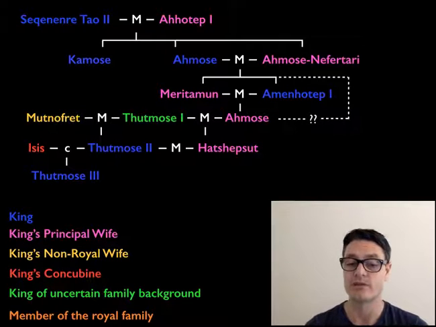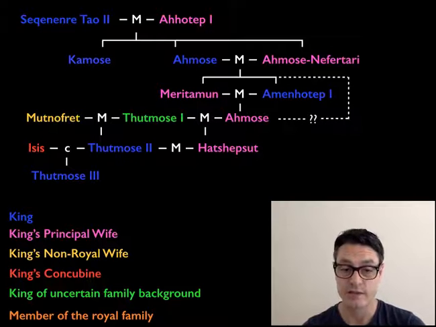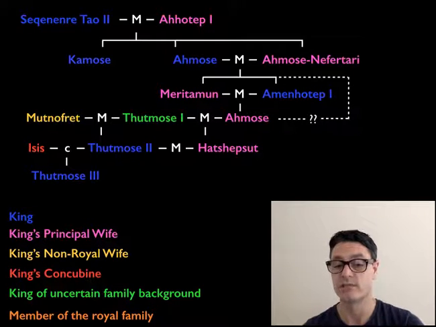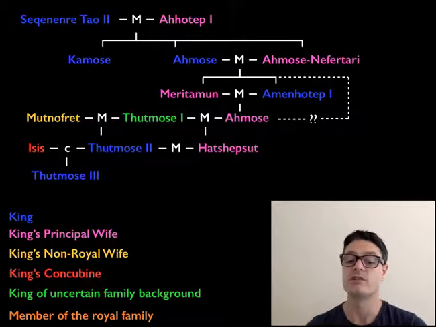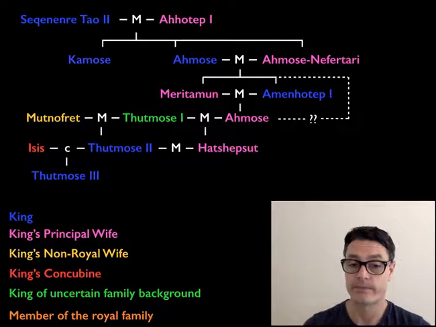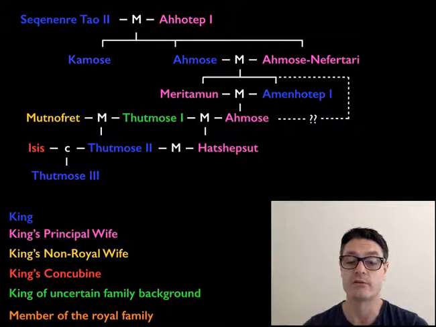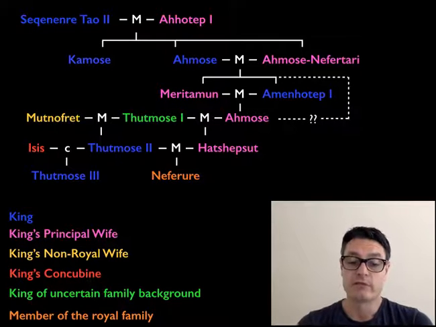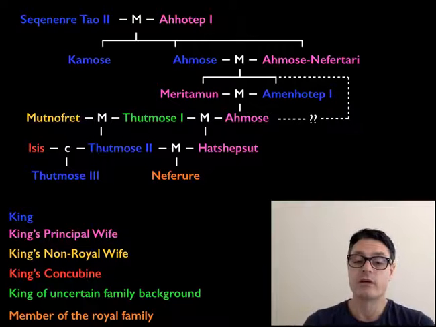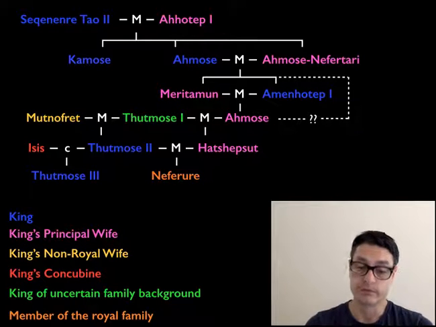Hatshepsut's relationship to Thutmose III is both a stepmother, because she's another wife of Thutmose II, and also his aunt because Thutmose II is her half-brother. So we have dual relationships there between Hatshepsut and Thutmose III, which makes Thutmose III her nephew and her stepson.